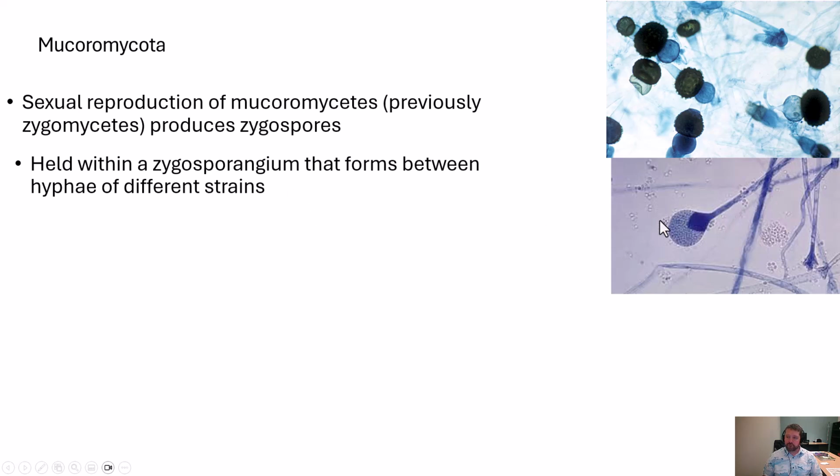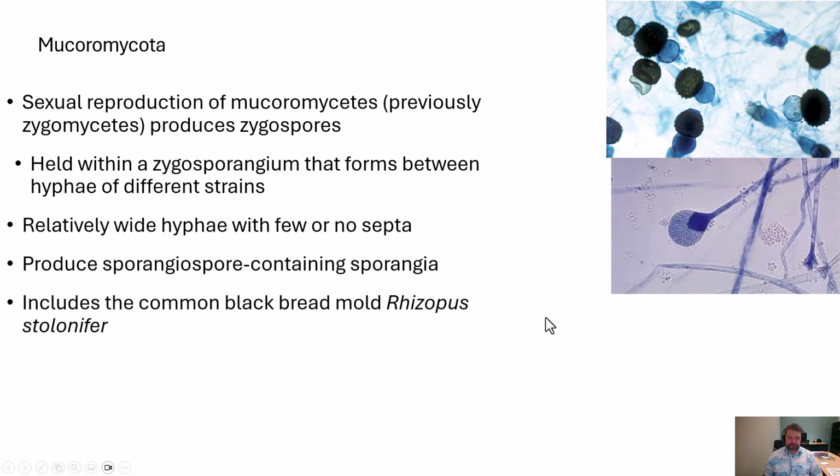So we already looked at this specialized structure before, and really it's kind of interesting because they have this plus-minus system also, like the species do when they go through sexual reproduction, but they form this zygosporangium that then forms on a stalk, and the spores are held within that.